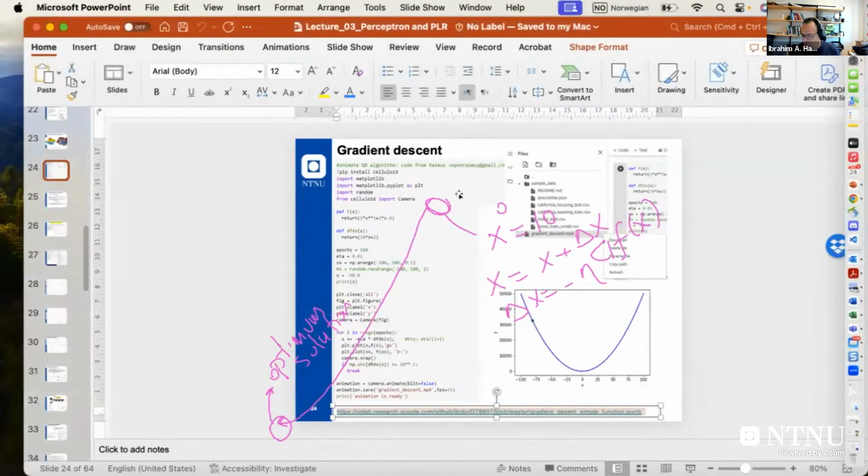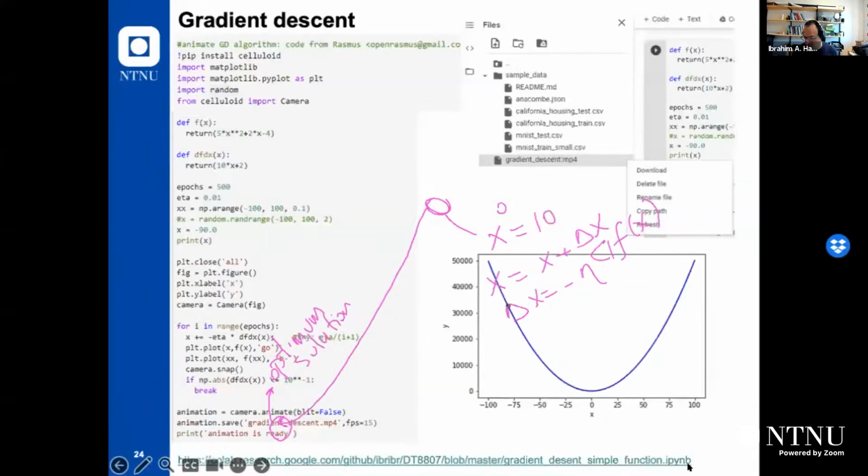So what is the problem with this gradient descent approach? Right now we can solve any problem, but as I told you, we have only one problem here, and this problem is that you can get stuck in local minima, which is a problem.